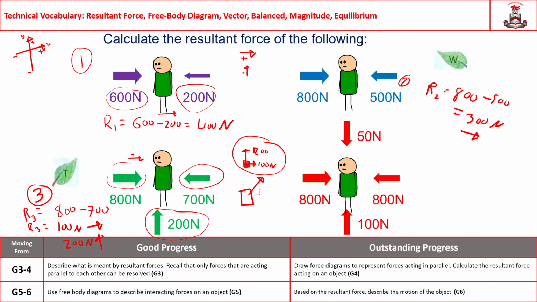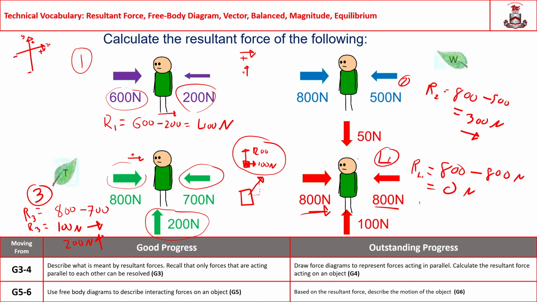Let's have a look at this one. So number 4. Let's look at horizontal straight away. So horizontal, so resultant 4, and we're just looking at the horizontal. Well, we've got 800 newtons going to the right, and we've got 800 newtons going to the left. So luckily for us, that cancels out, makes it 0. That's easy enough.